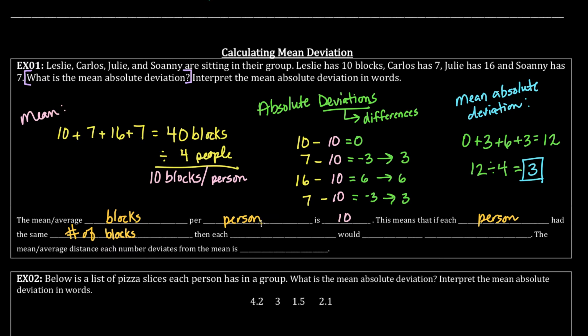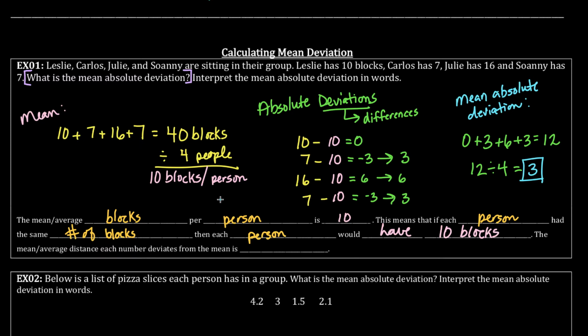If each person had the same number of blocks, then each person would, and then we'll go back to pink, have 10 blocks. Okay, but the mean, or the average distance each number deviates from the mean.